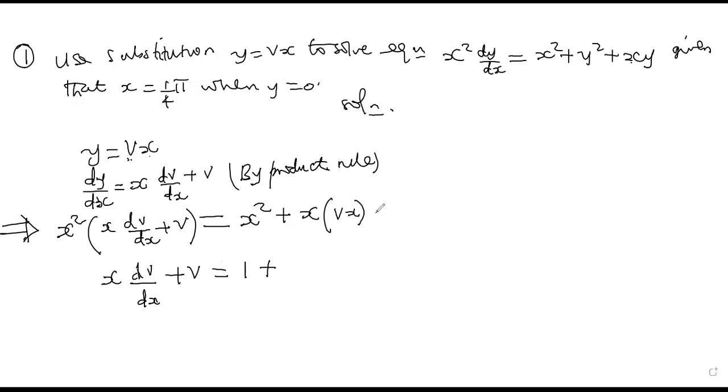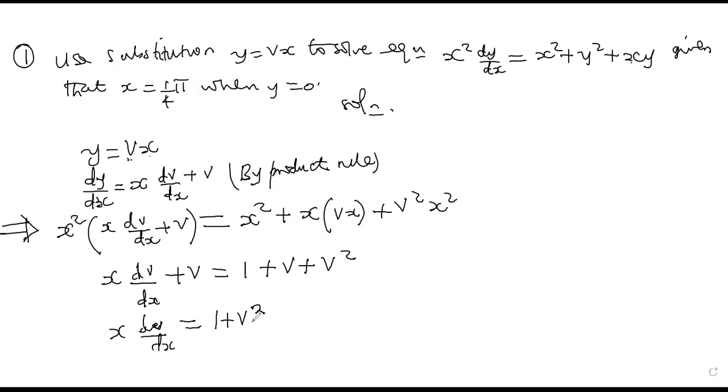So y squared will be v squared x squared, and dividing by x squared we shall have v plus v squared. So that is what we are having. Now you see that this v and this v will cancel. So we shall have x dv/dx is equal to 1 plus v squared.